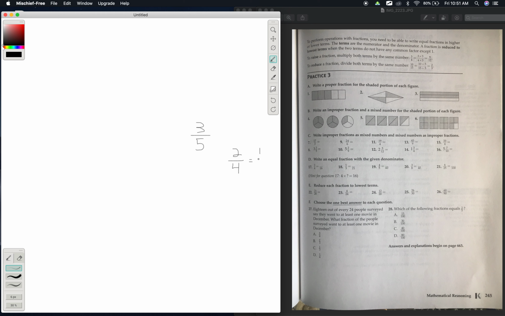I'm getting a little ahead of myself here, but this will help you remember in the future too. So these are the same numbers because they're both halves. This one here requires 3 parts to make a whole, but we only have 2, which is the shaded area. So 2/3.